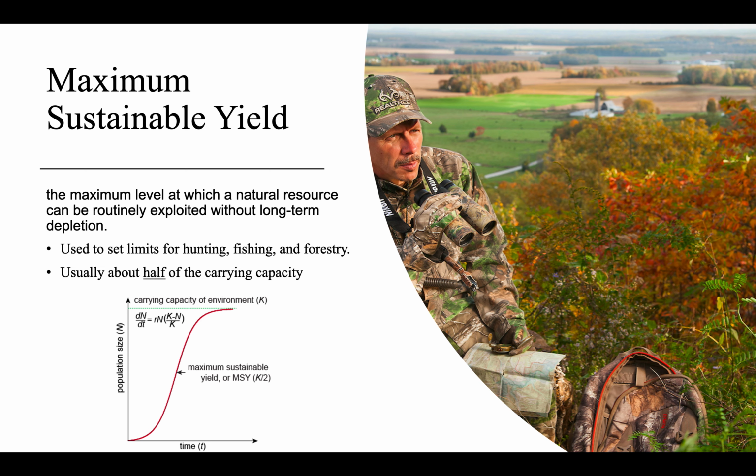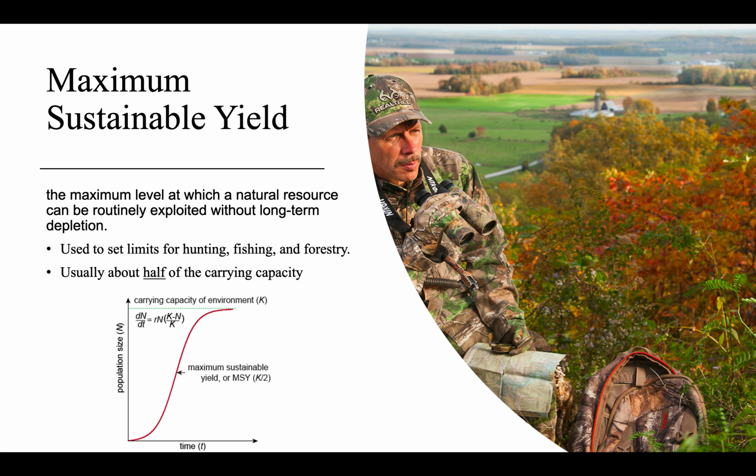Another key thing to consider when talking about conservation is maximum sustainable yield, which is the maximum level at which a natural resource can be routinely exploited without long-term depletion. Maximum sustainable yield is used to set limits for hunting, fishing, and forestry, and is usually about half of the carrying capacity.